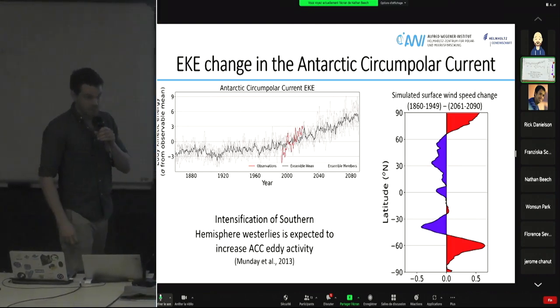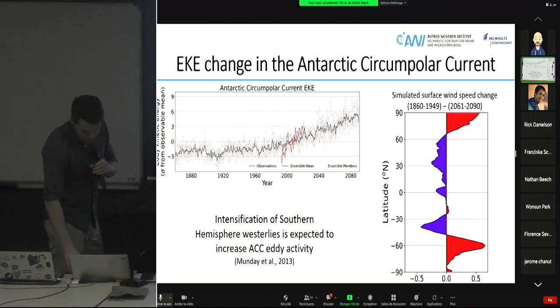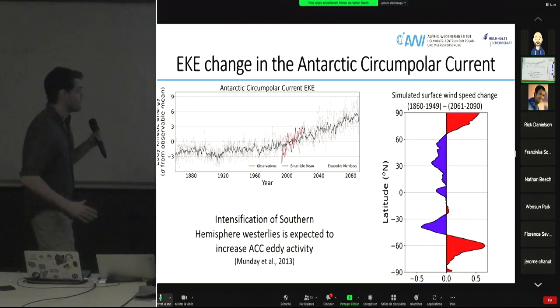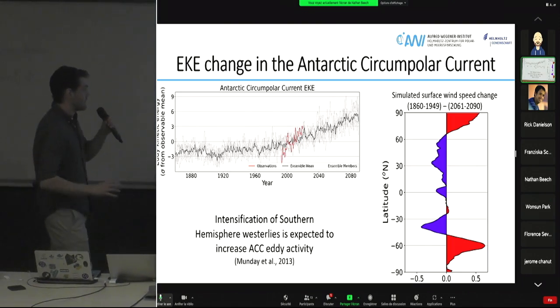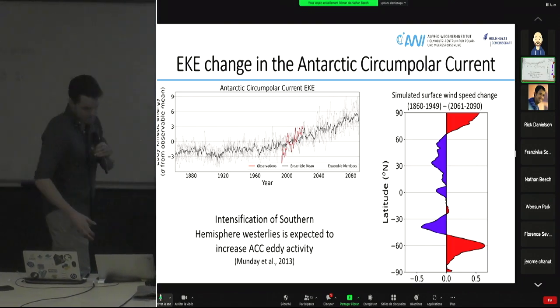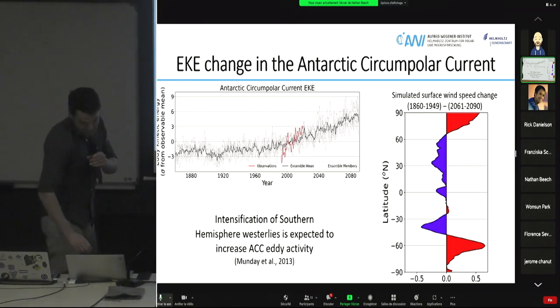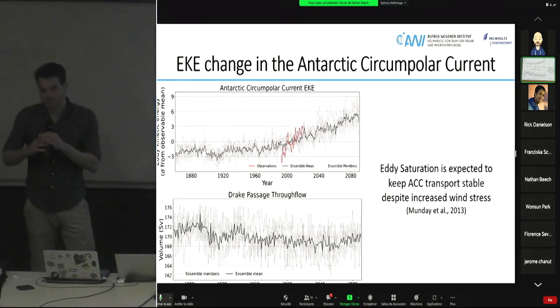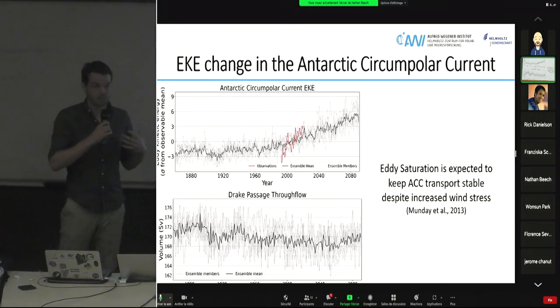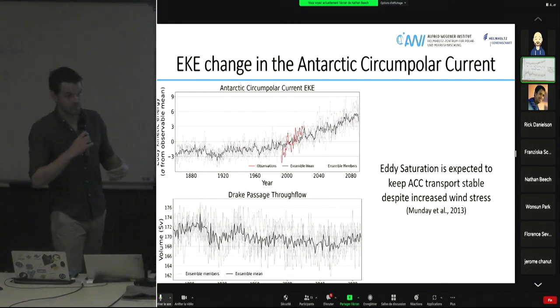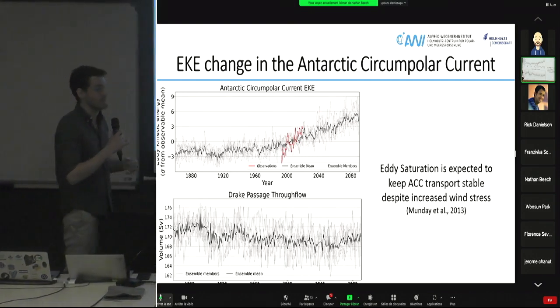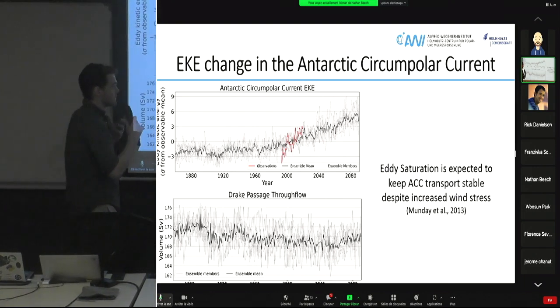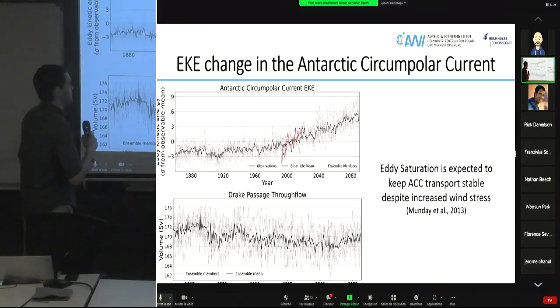But in this region, the relationship may not be as simple as increased wind stress increasing energy and mean flow in the ACC, because the theory of eddy saturation tells us that after a certain point, increased wind stress will no longer increase the mean flow of the ACC, but instead just result in increased eddy activity.